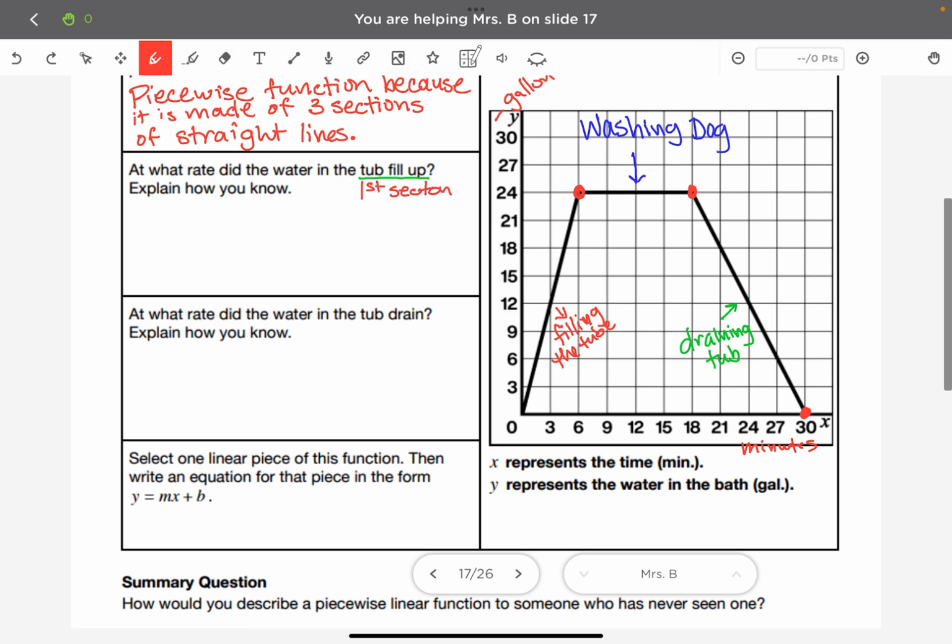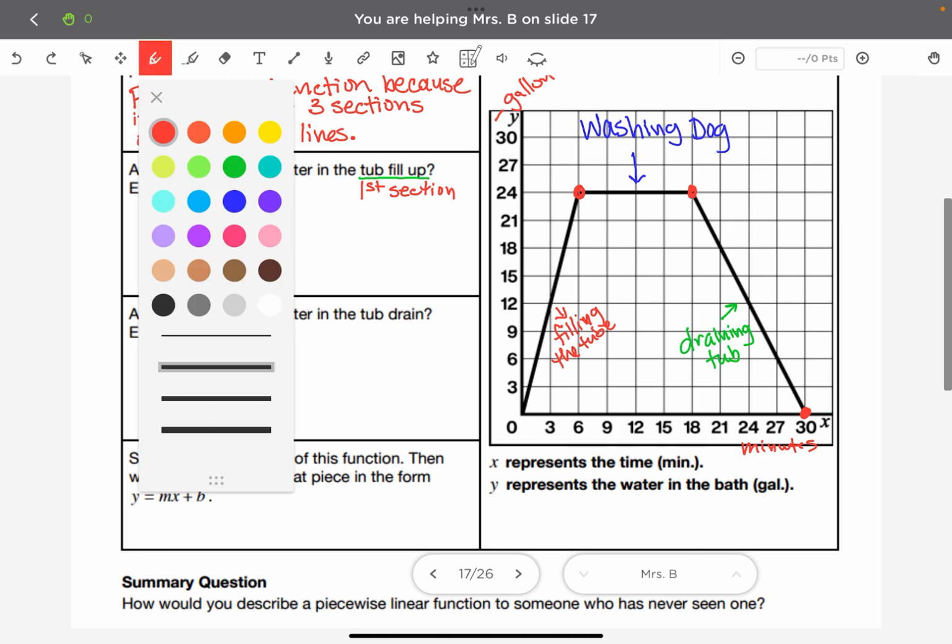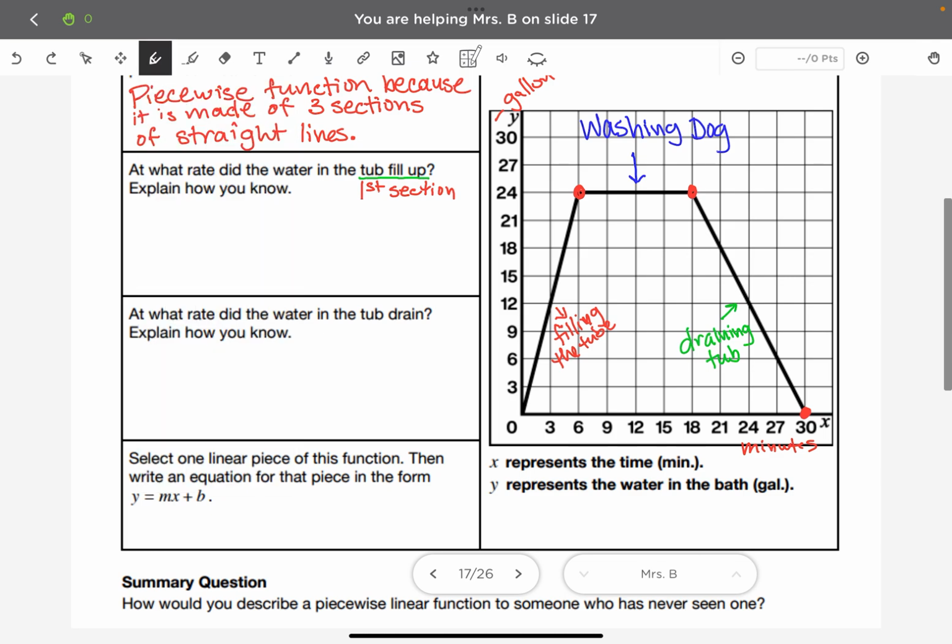So in order for us to find that rate, we're going to remember and go back to slope, which is our change in y over our change in x. Because our change in y over our change in x is going to represent our unit rate, or how fast the water is filling the tub.